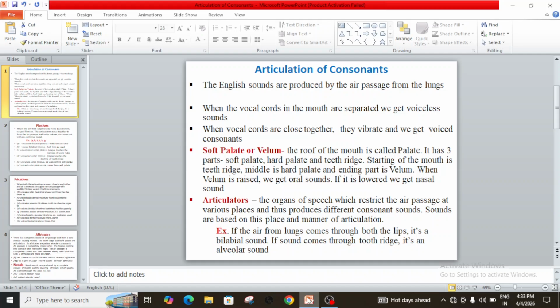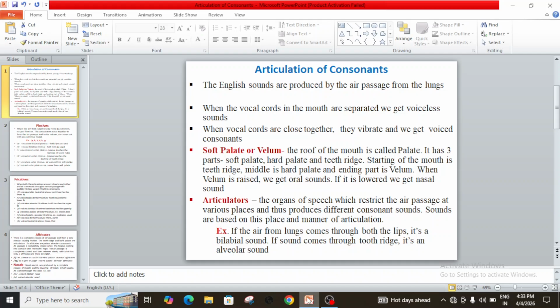For example, if the air from the lungs comes through both lips, it's a bilabial sound. If the sound comes with the help of both of our lips, it is called a bilabial sound.